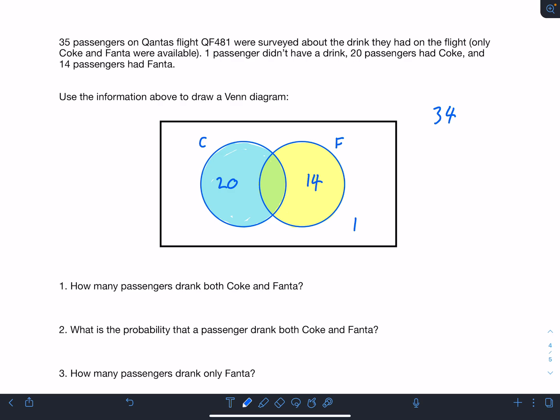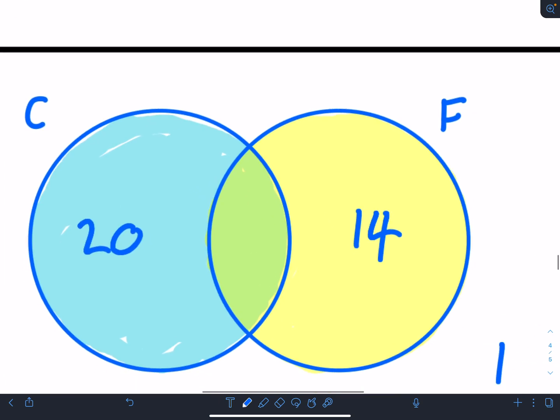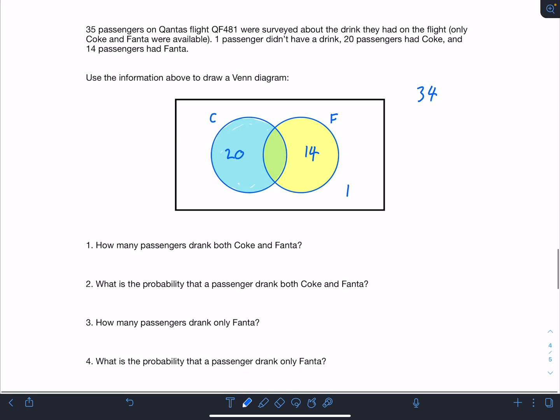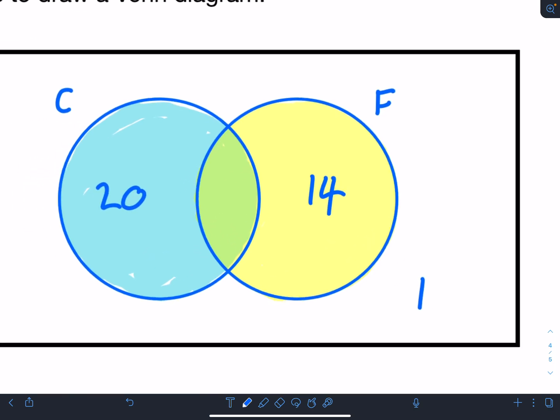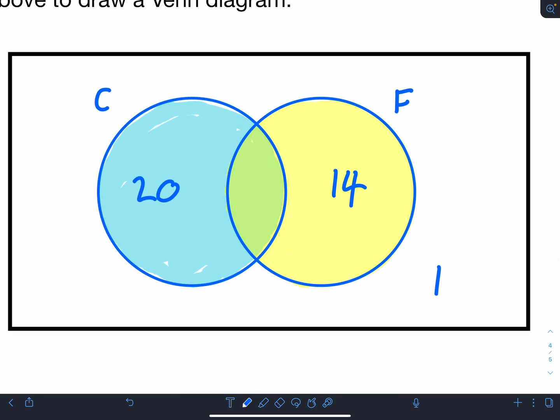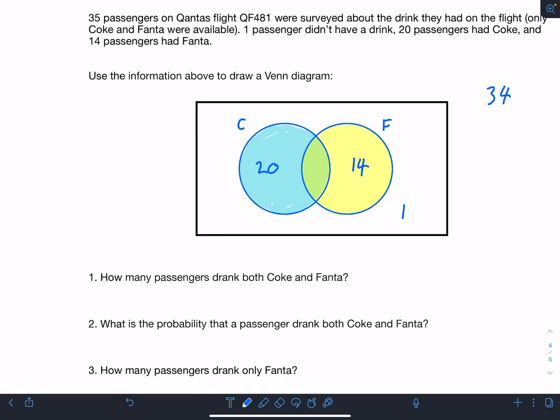And we can see in this question that actually no passengers had Coke and Fanta, so there was nothing in the section where the circles overlap. Now we're ready to solve our questions, but let's just check that the numbers add up to 35. 20 plus 14 plus 1 is 35, so indeed they do.